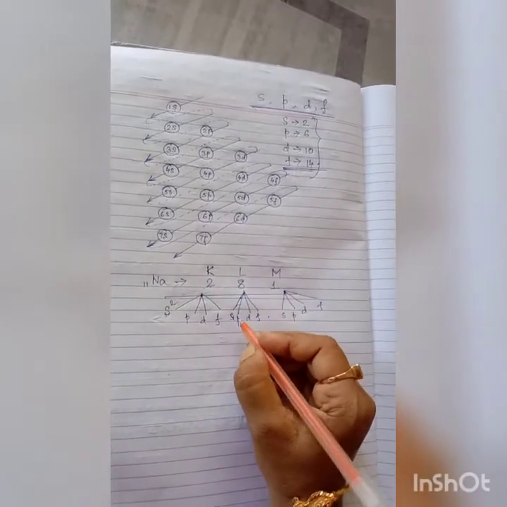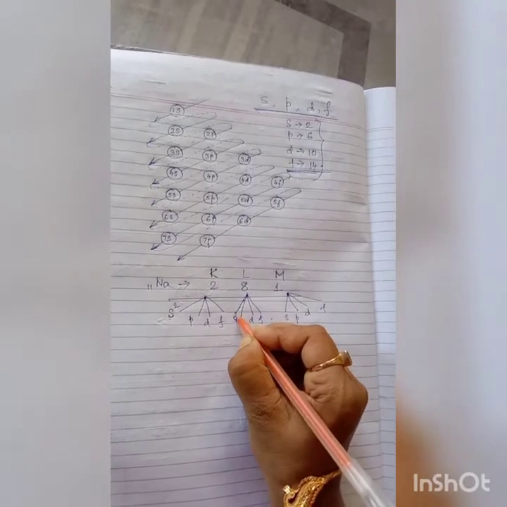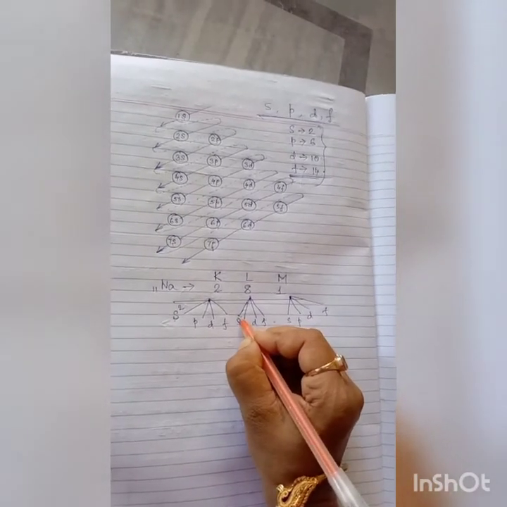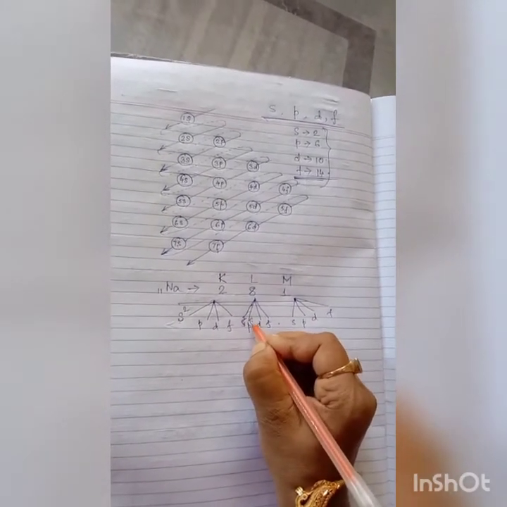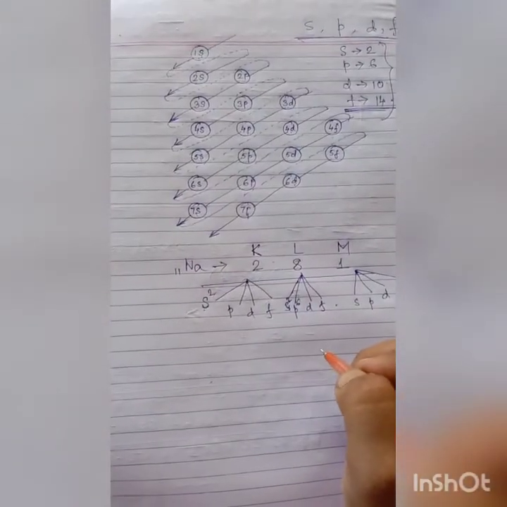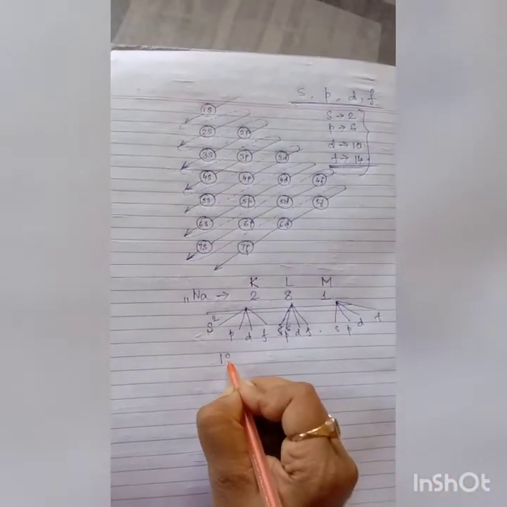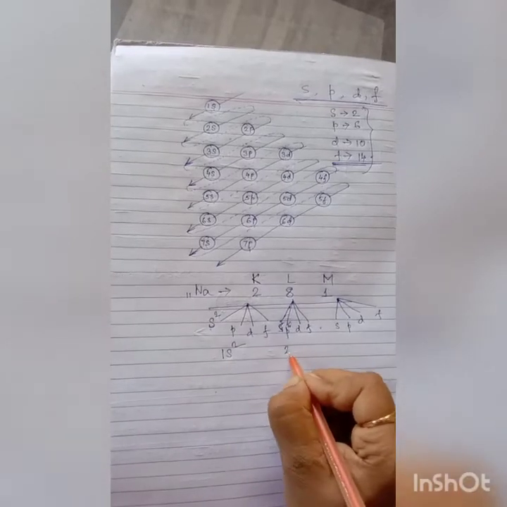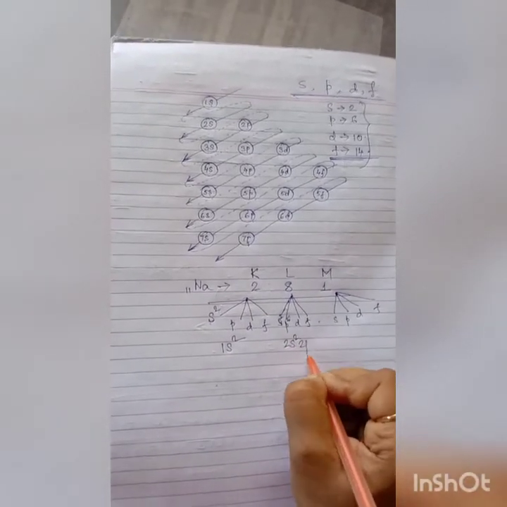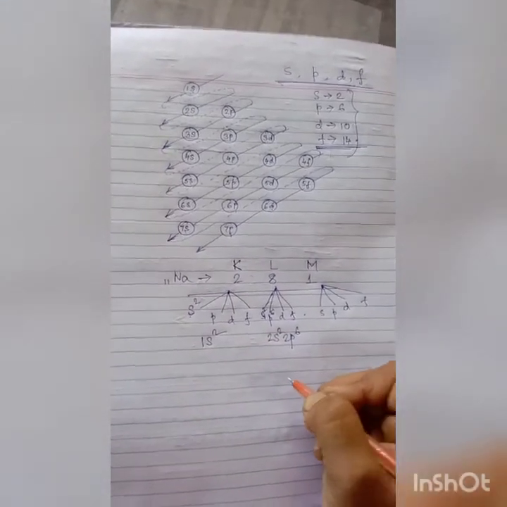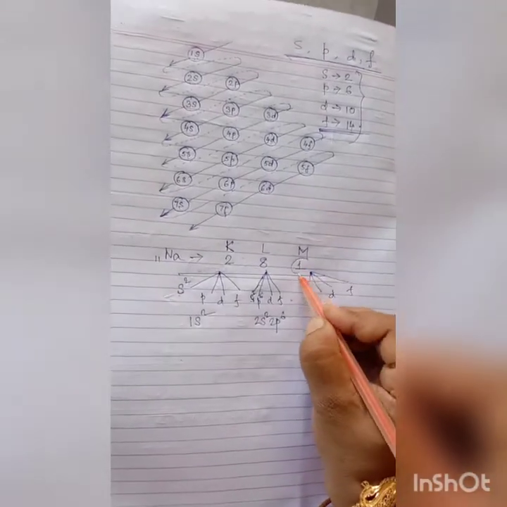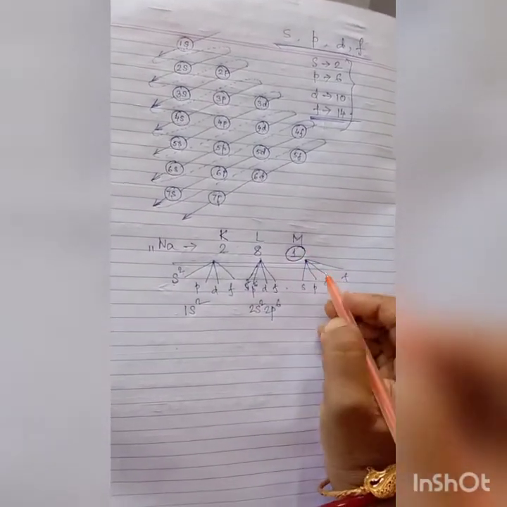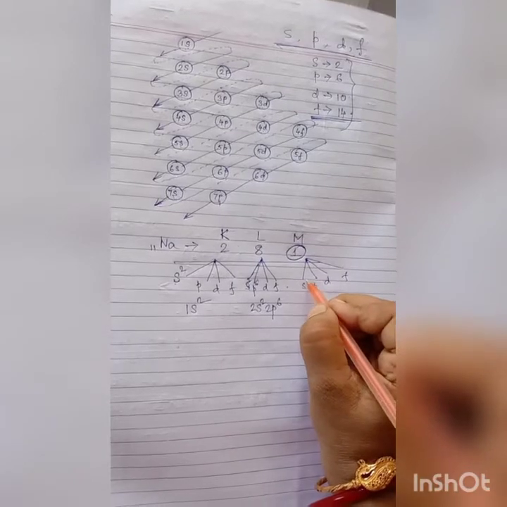So its distribution will be: s contains 2 electrons and p contains the rest, 6. Okay, so 1s2 and 2s2 2p6, and the rest 1 electron will go into s.